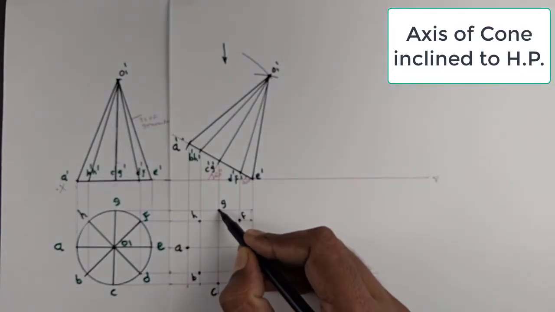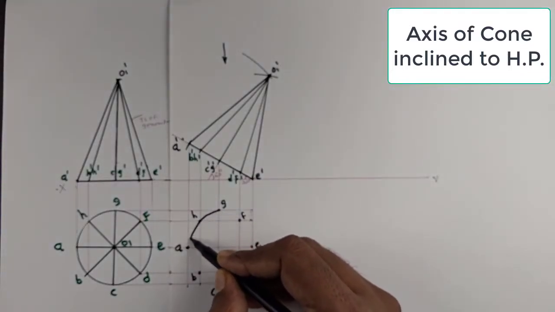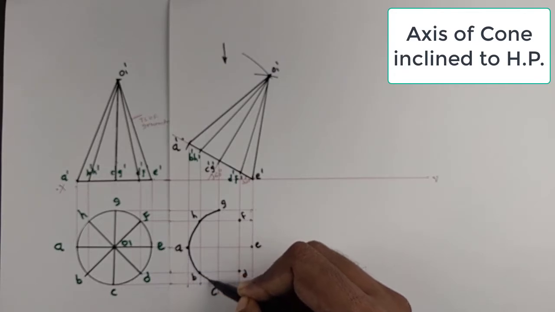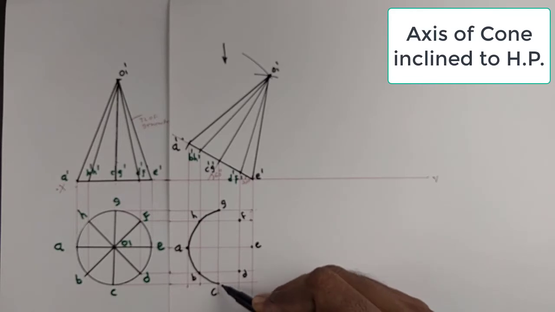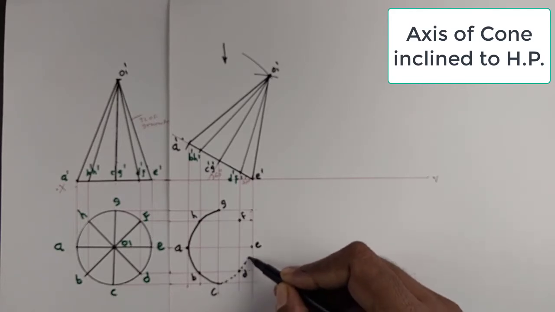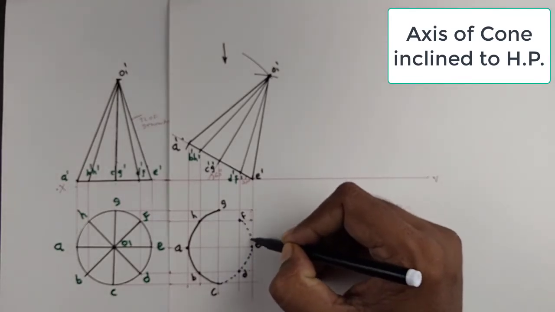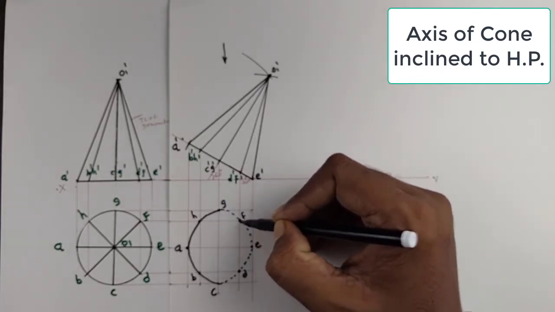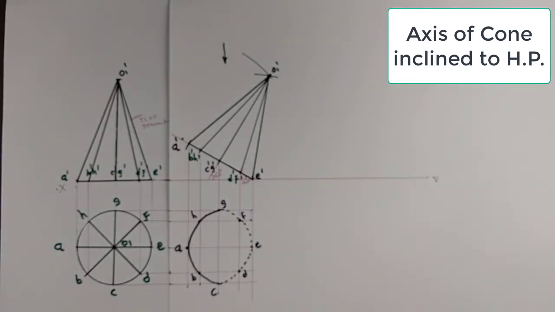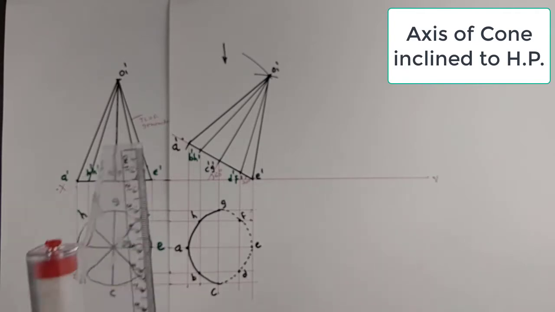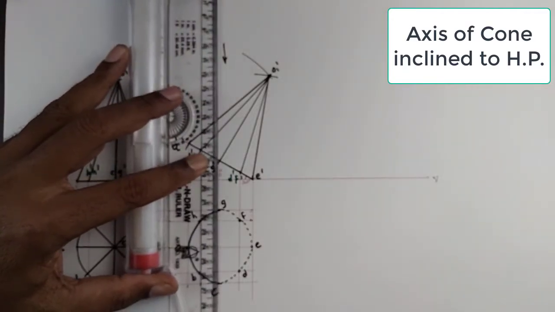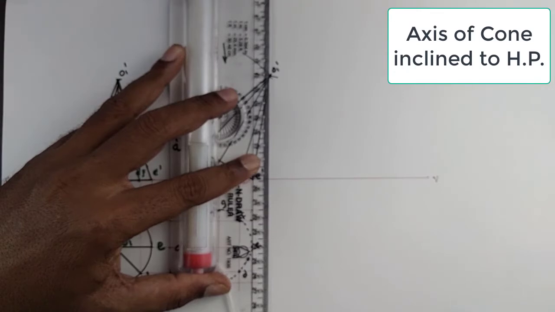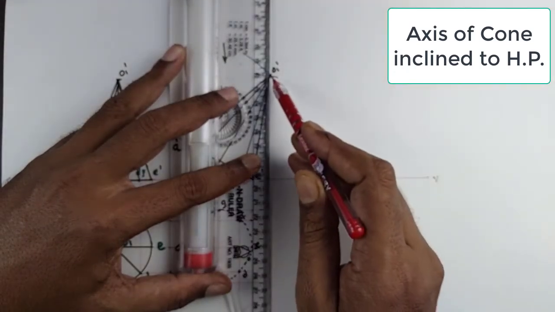So I draw G, H, A, B, C as a dark circumference, and the other half of the circumference is dotted. Now we project the apex. So I take the vertical projection parallel to the previous projection.